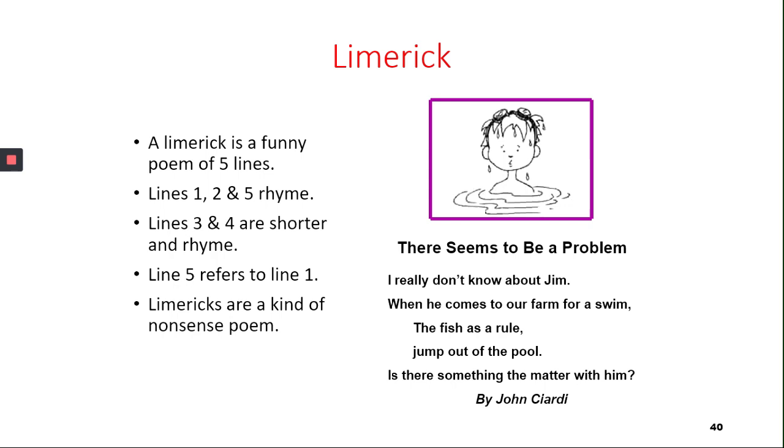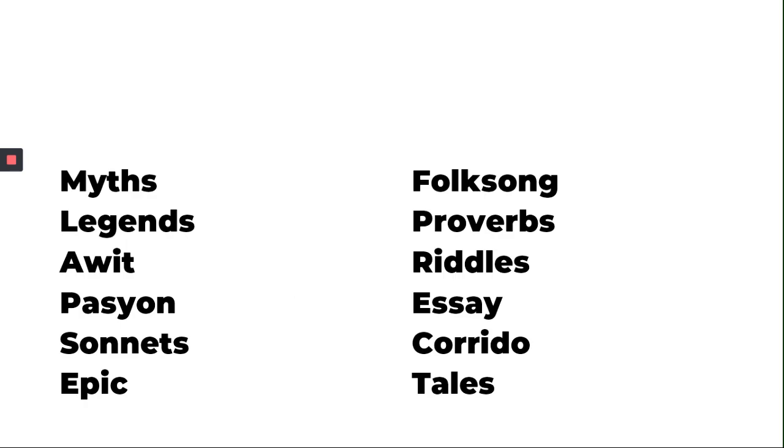Is there something the matter with Jim? That's all. Just lines 1, 2, and 5 matter. Lines 3 and 4 don't make any sense, or are not related to the topic itself. That's why it becomes a nonsense poem. Right?